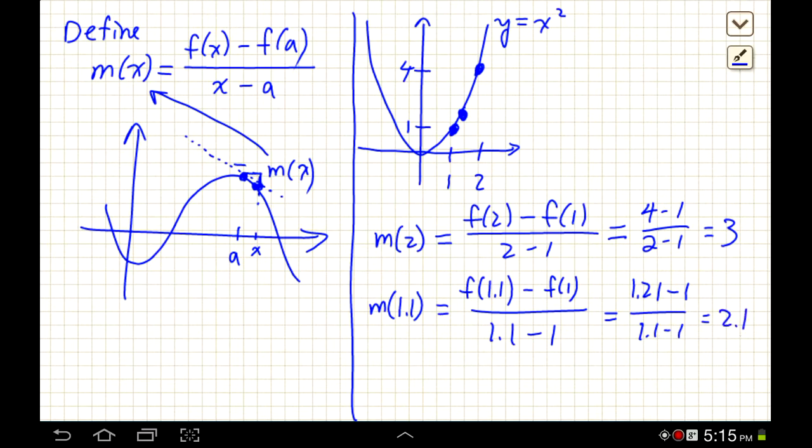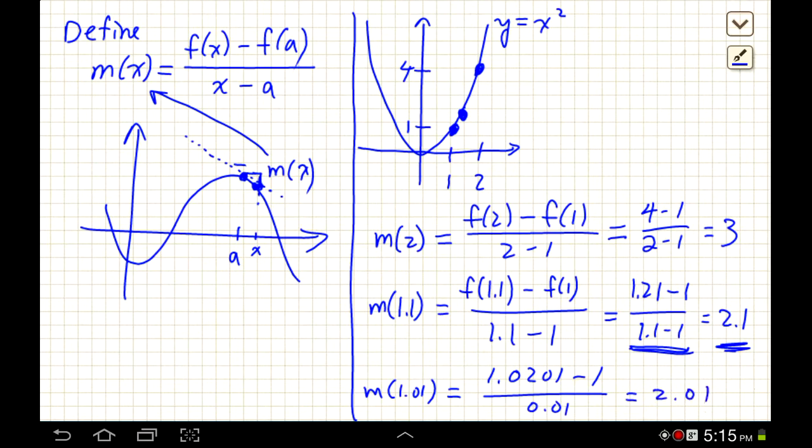You can see now the coordinate for y is getting closer and closer. Likewise with the x, the difference between the x values is getting smaller and smaller. And now we have a slope value of 2.1. If we pick yet a closer point, 1.01, then we obtain 2.01.